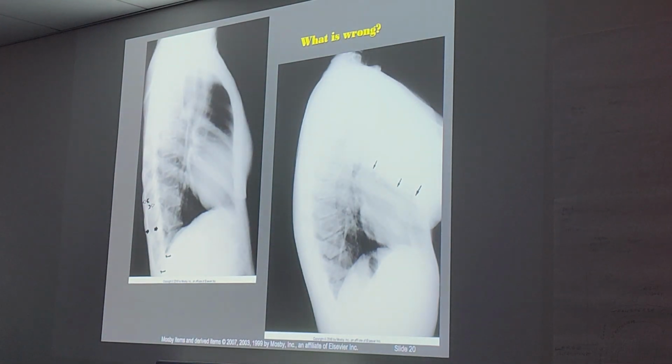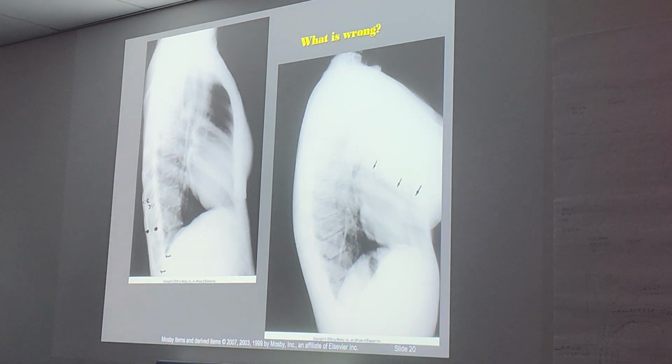What about the exposure factors? Underexposed. All you can see is very white or very black. You can't really see gray shades, right? Looks like there's some sort of motion going on here.